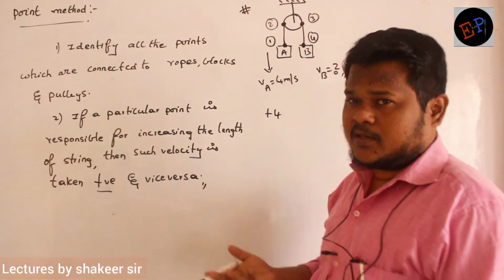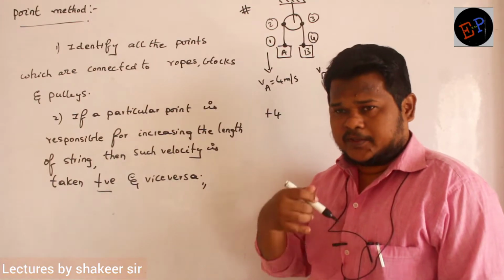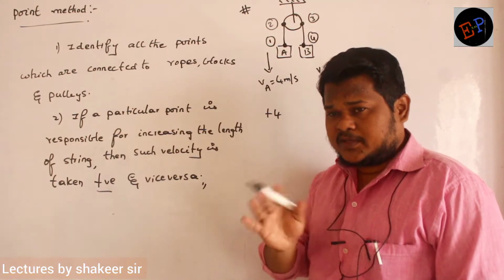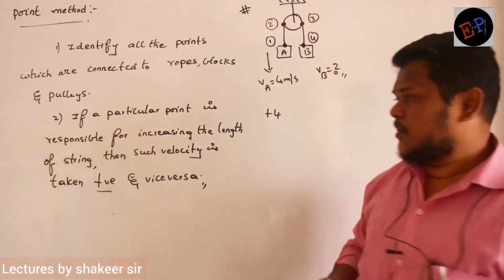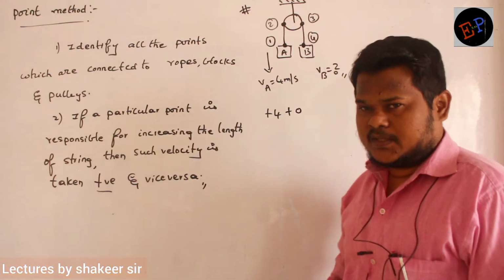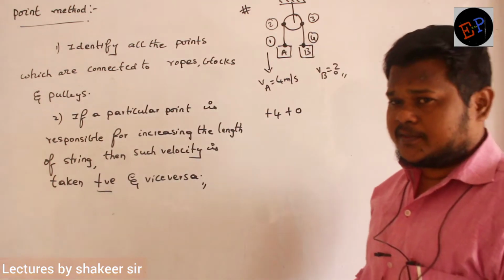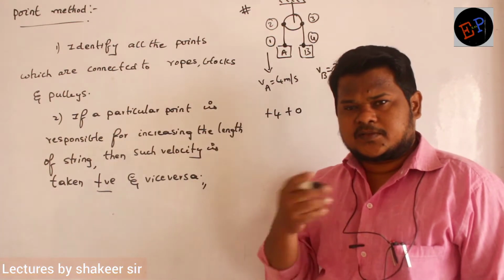Because that point is not at all moving. It is connected on the pulley and the rope. Rope is definitely moving, but pulley is not moving. So I will take the velocity of such a point to be 0 itself. So velocity of the second point is how much? 0. Now can you say what is the velocity of the third point? Again 0. Why is it 0? Because it is present on the fixed pulley.